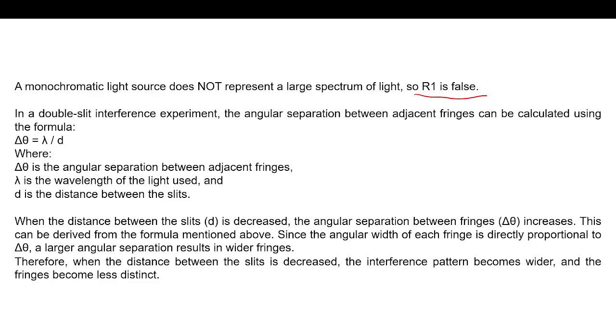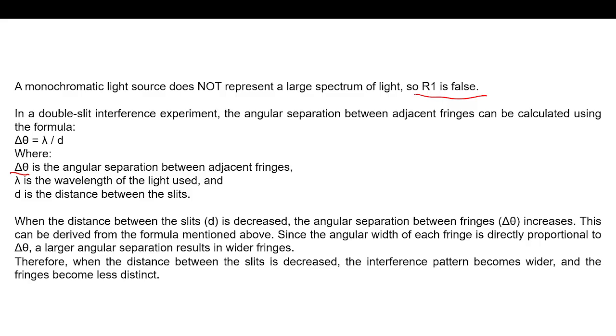Then in a double slit interference experiment, the angular separation between adjacent fringes can be calculated using the formula del theta equals lambda by d, where del theta is the angular separation between the adjacent fringes, lambda is the wavelength of the light, and d is the distance between the slits.